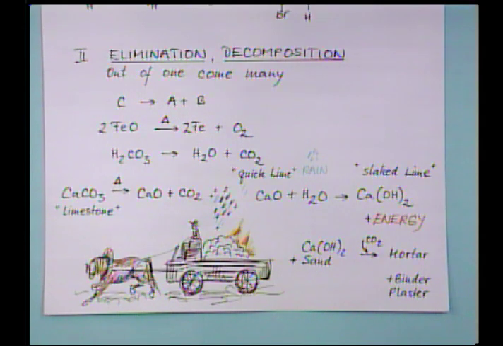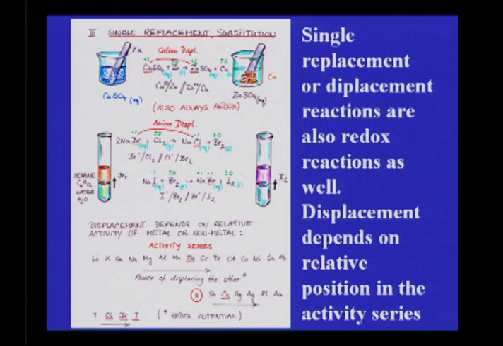The next reaction that we want to discuss is the single replacement or displacement reaction. And these are always a redox reaction, because there's always something being oxidized or reduced.